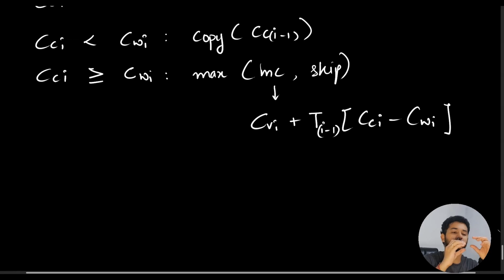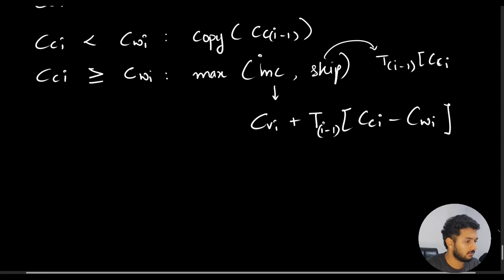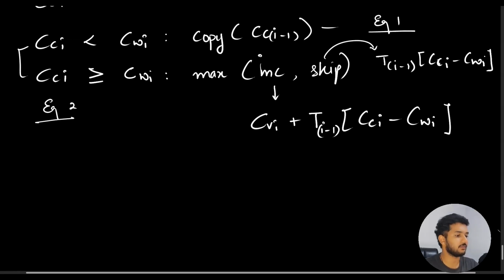From the previous row we need to get the cell based on this equation, and we need this for inclusion, and for skipping we just need the previous row's cell at the current capacity. So that's it. We need these two equations, equation 1 and equation 2, and that's it. We have solved the problem.